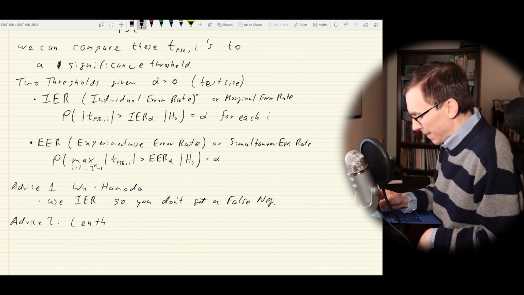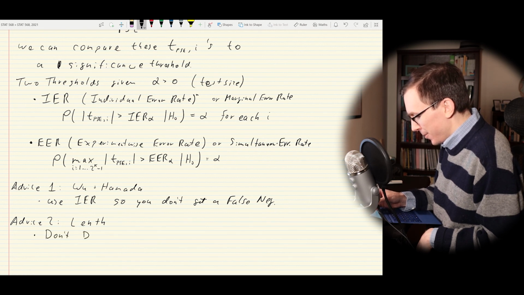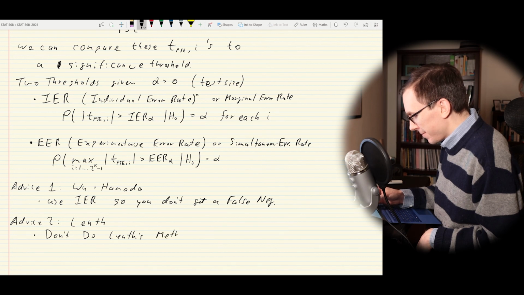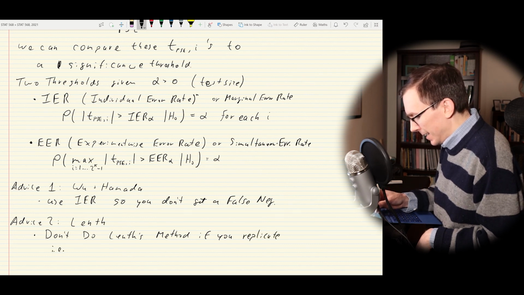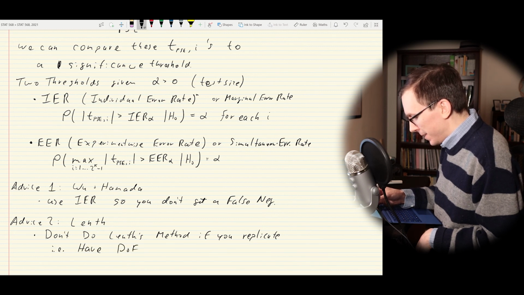So basically, Lenth says, don't do Lenth's method if you replicate, i.e., have degrees of freedom for the residuals.